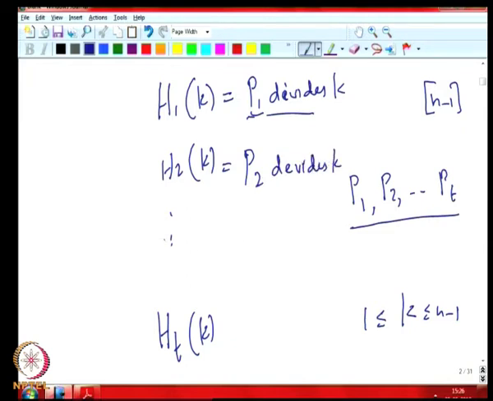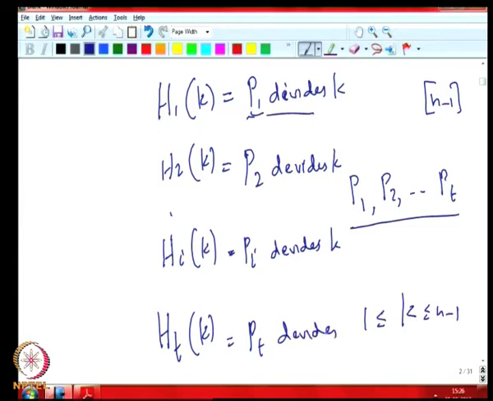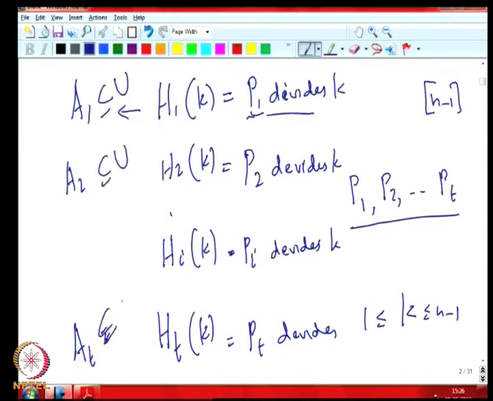Similarly, hi of k would be pi divides k, and the last one, pt divides k. Correspondingly we can also define the sets a1, a2 and at as subsets of the universe, the universe being 1 to n minus 1.